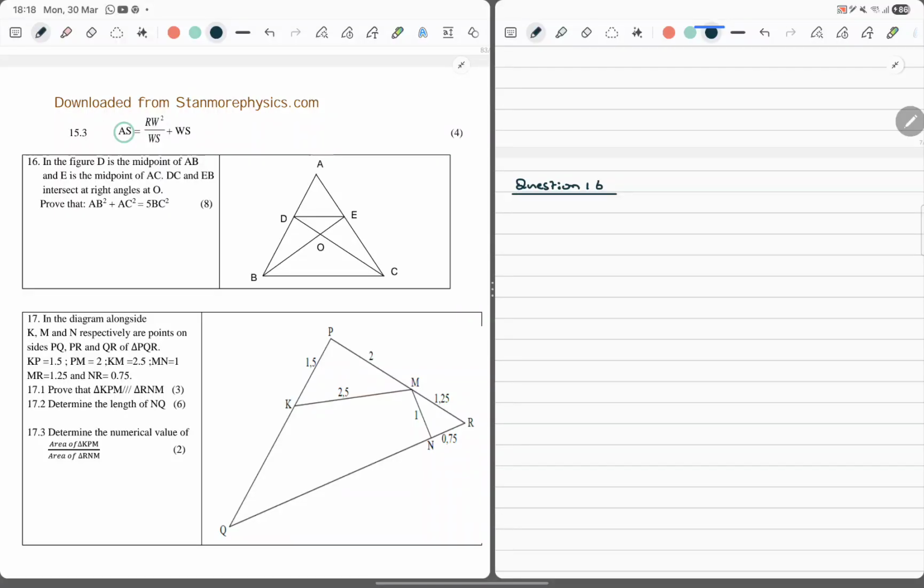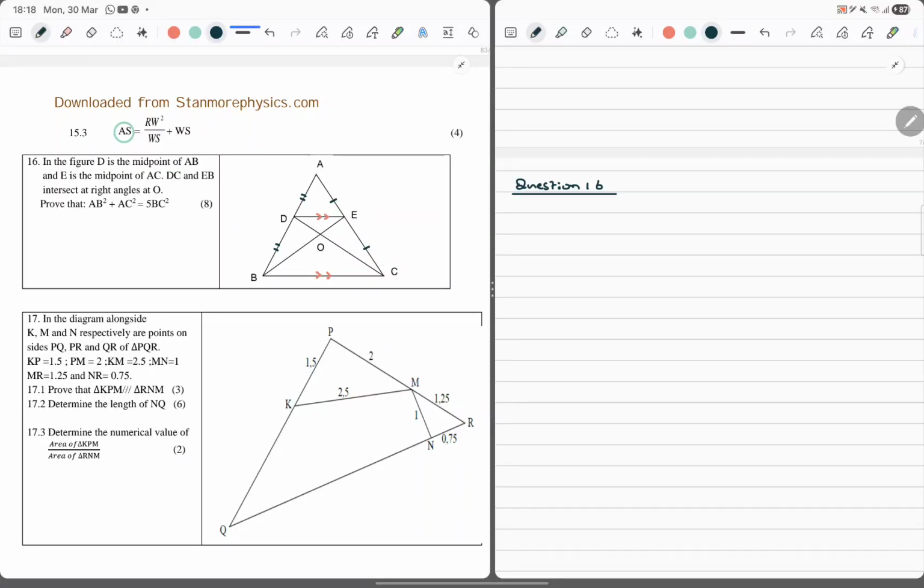Question 16 says, in the figure, D is the midpoint of AB, so that means this side is equal to this side, and E is the midpoint of AC, so that means that side is equal to that side. So this would mean this must be parallel to this side, isn't it?